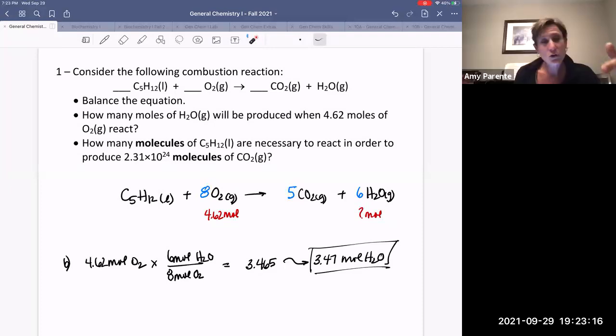Okay, so let's go through this next part, because I know you said you got stuck a little bit. This is asking us how many molecules. So I'm going to put you on the spot a little bit: if you see something saying how many of something, what should you be thinking about in terms of a special quantity you want to use in your calculation?